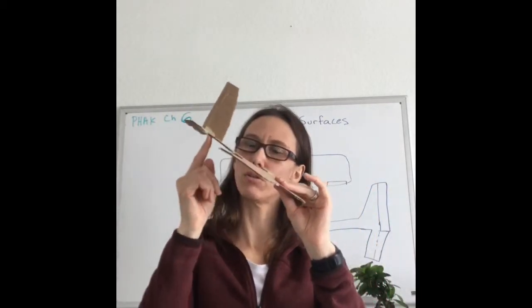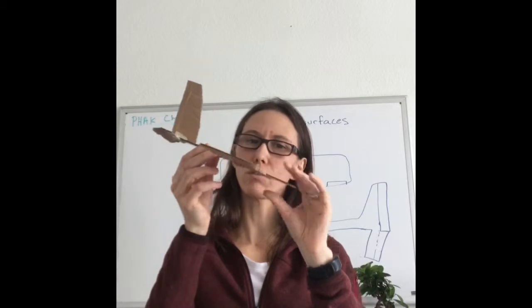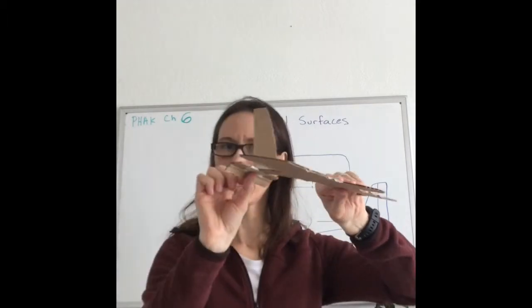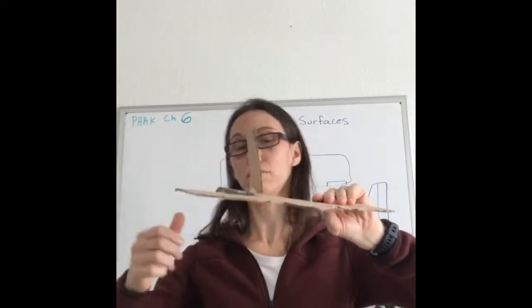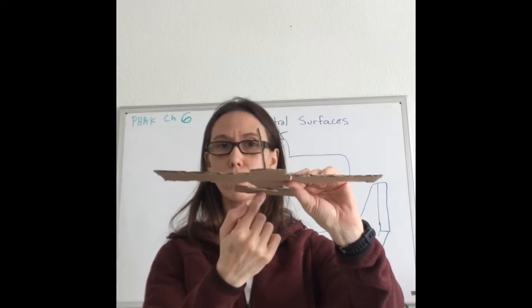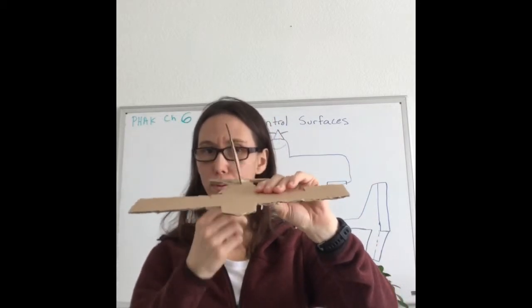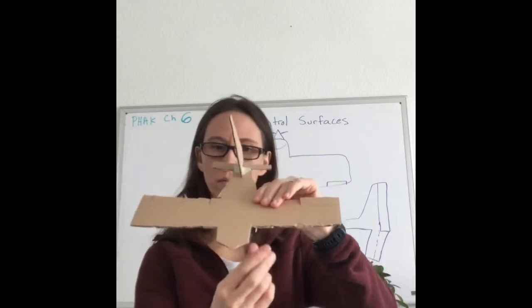What happens? Tail goes up. But what happens when the tail goes up? The nose goes down. I push the yoke away from me. Elevator should go down, which should make the tail do what? Tail should go up. Nose should go down.